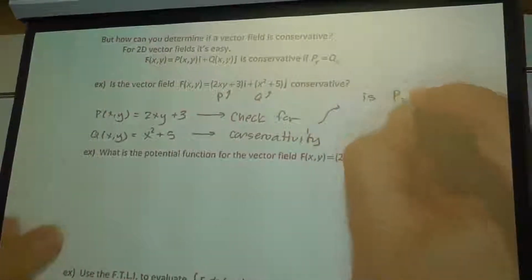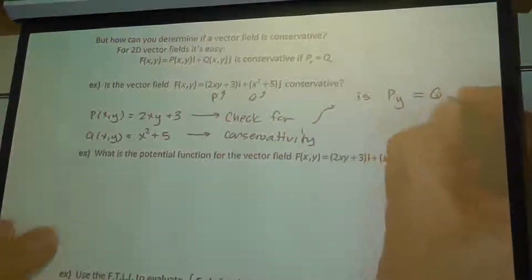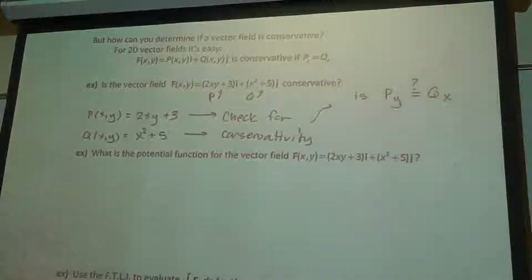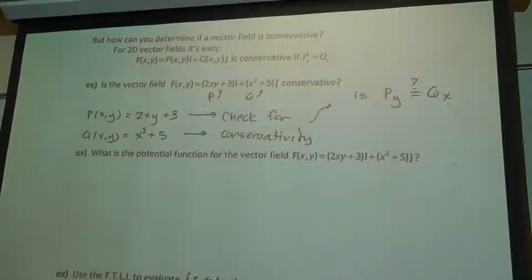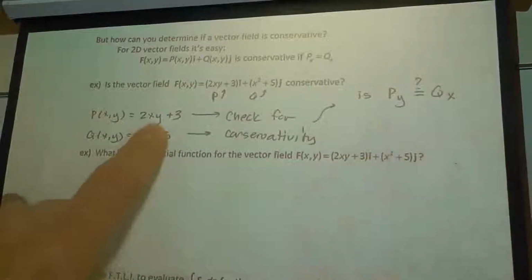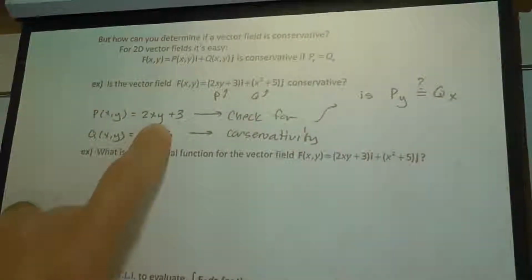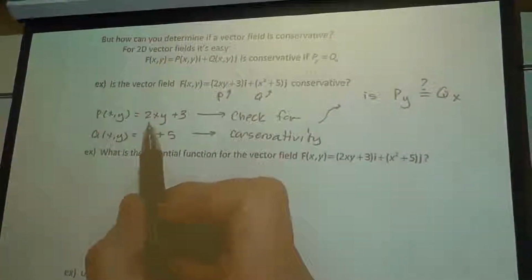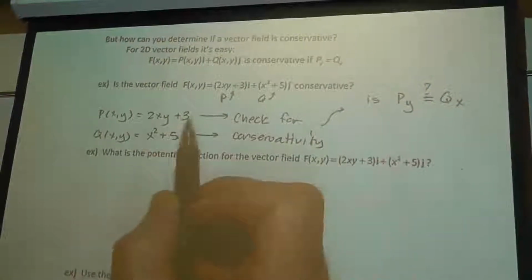So is P's partial with y equal to Q's partial with x? Big question mark over the equal sign. So just compare those two partials. P's partial derivative with respect to y. Keep in mind, x is a constant. So 2x is a coefficient and y goes to 1 here. 3 goes to 0.